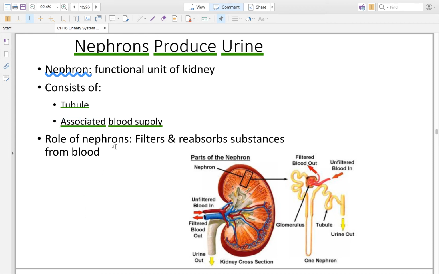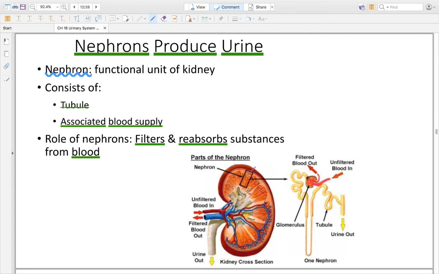Part of what they do is they filter the blood, and then they pull things back. They reabsorb things that we don't want to release. They pull them back out of the filtrate and return them to the body, things that we need to keep. And see these little tubules? That's what we mean by tubule.